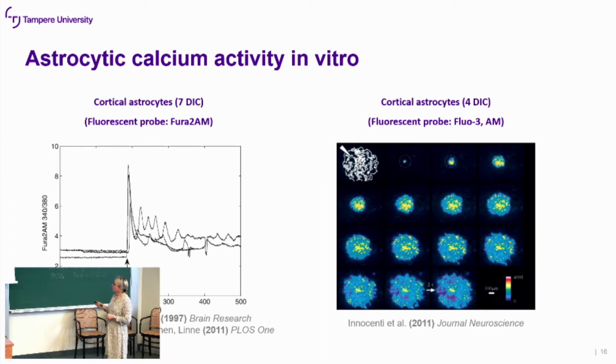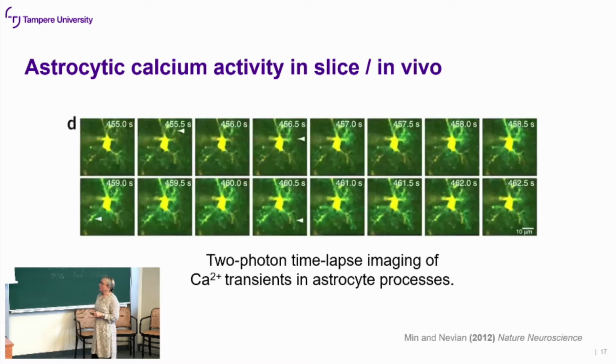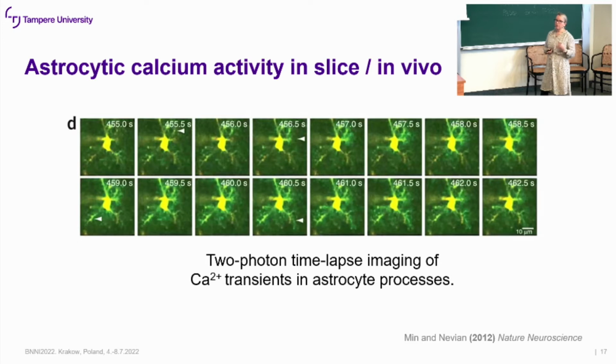Some other groups also followed how the spontaneous calcium activity spreads in these isolated cortical astrocytes with time when you stimulate the astrocyte. So nowadays, several research groups on different continents measure astrocytic calcium activity in slices and also in vivo in this way.